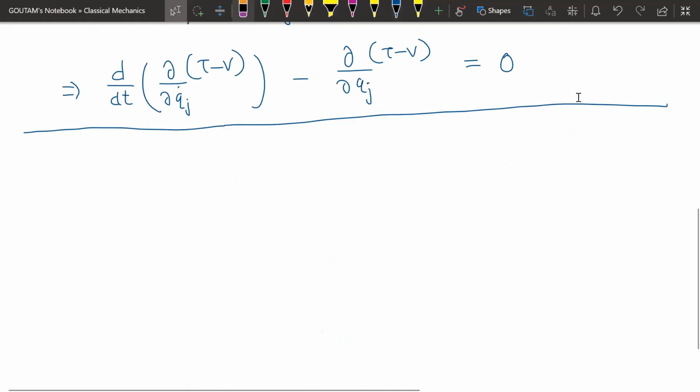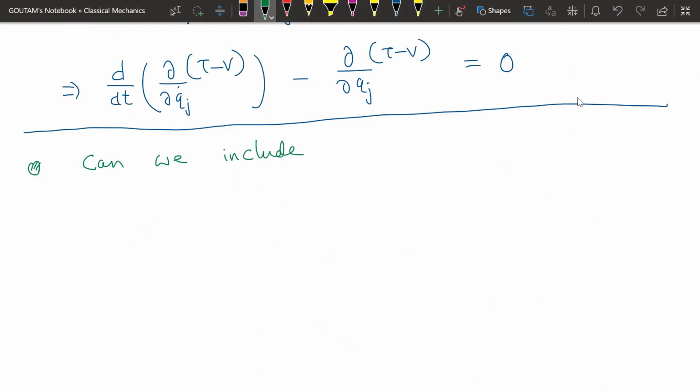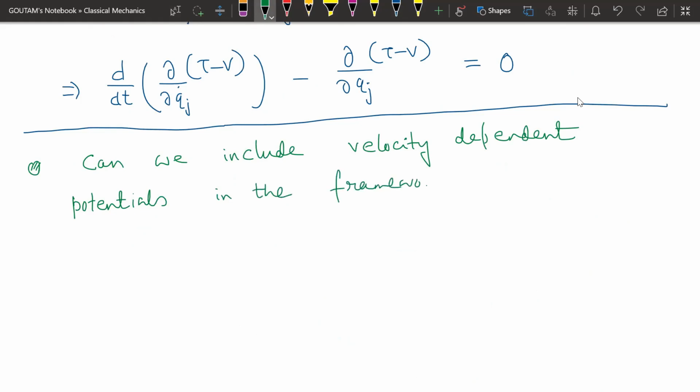So the question is, can we include velocity dependent potentials in the framework of Lagrange's equation of motion?